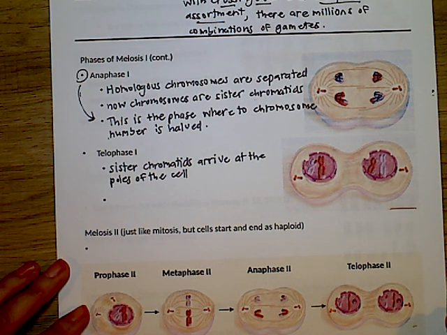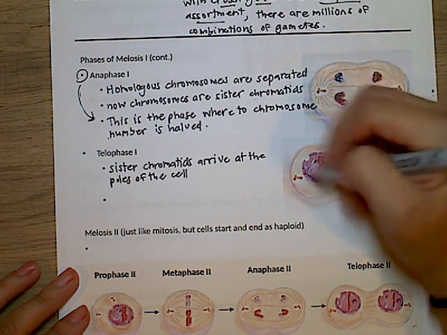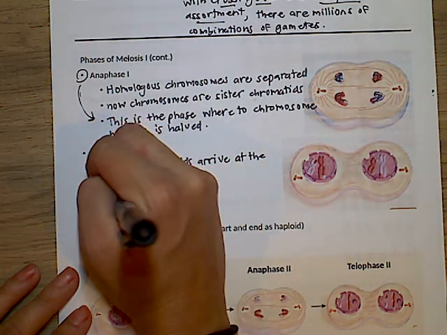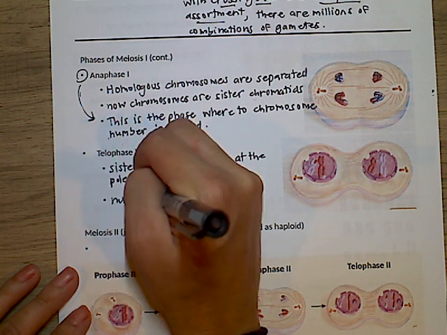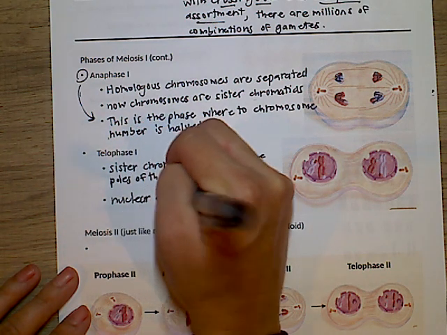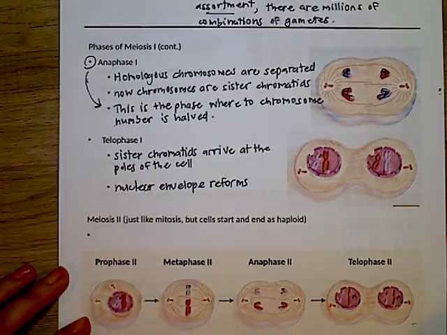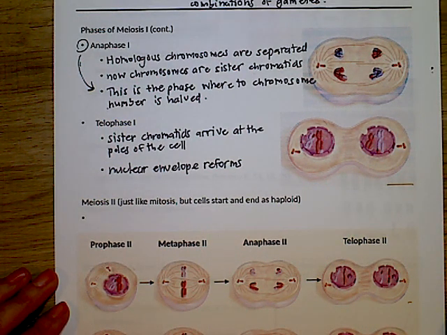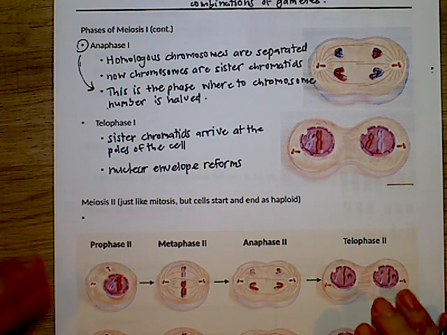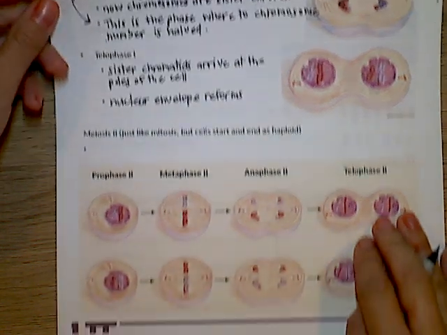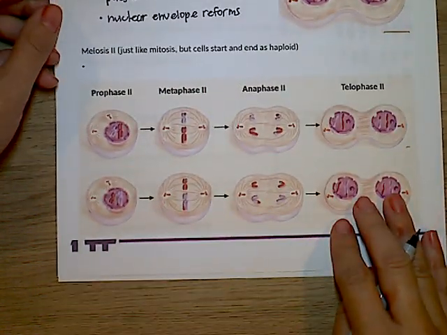And now that we've split up those homologous pairs, we can start to reform the nuclear envelope. Okay, that's the first division of meiosis.